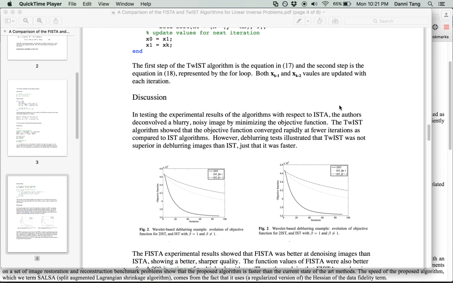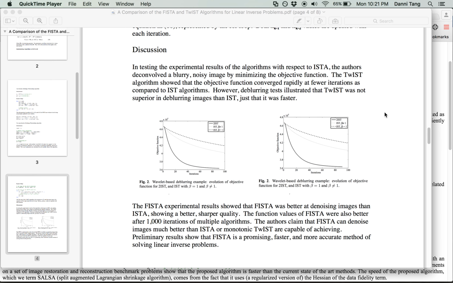So in testing the experimental results, in TWIST they found that the objective function converged rapidly and at fewer iterations as compared to the IST algorithms. But they didn't say that it was better at deblurring the images, it was just faster.